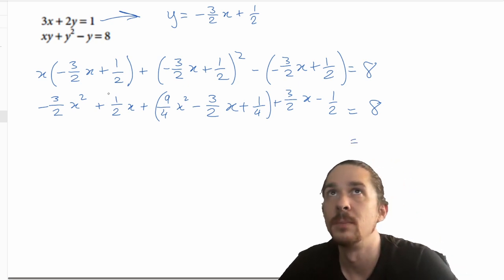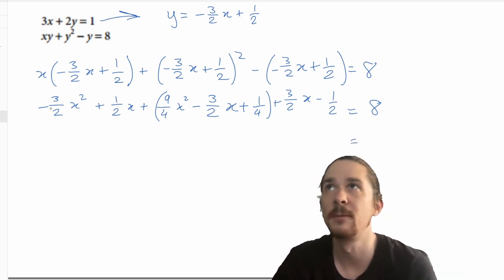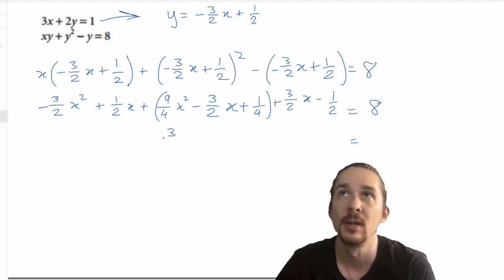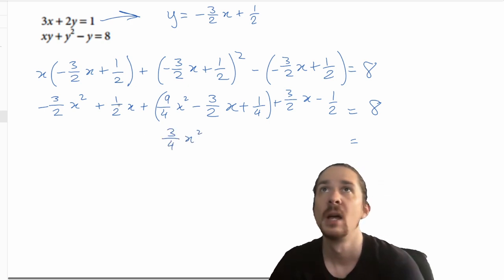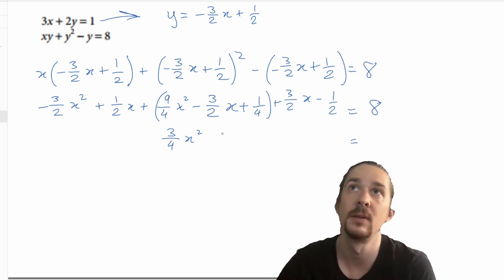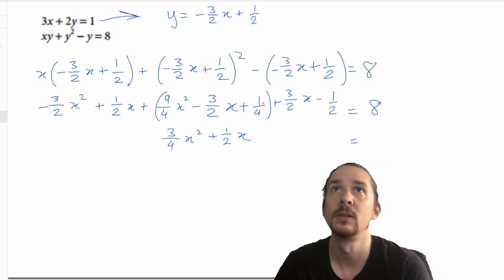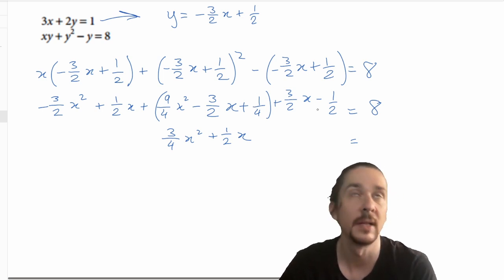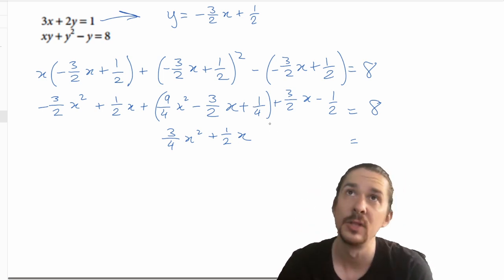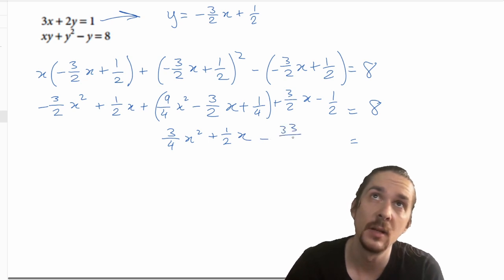So collecting our like terms, we have -6/4 x squared plus 9/4 x squared. That leaves us with 3/4 x squared. Half an x minus 3/2 an x is a negative x, plus 3/2 an x is a positive half x. And then in terms of our constants, we have a quarter minus a half, that's a negative quarter, minus 8. So -8 1/4, which is -33 quarters.